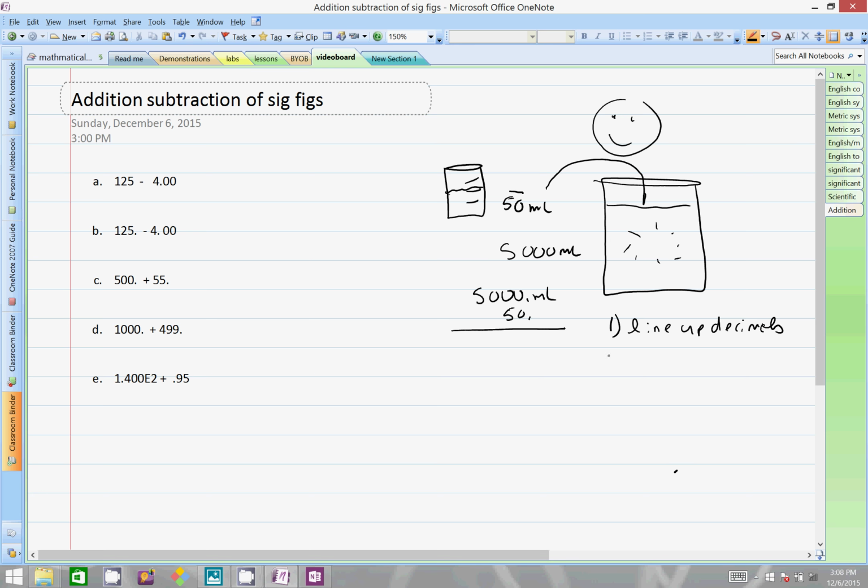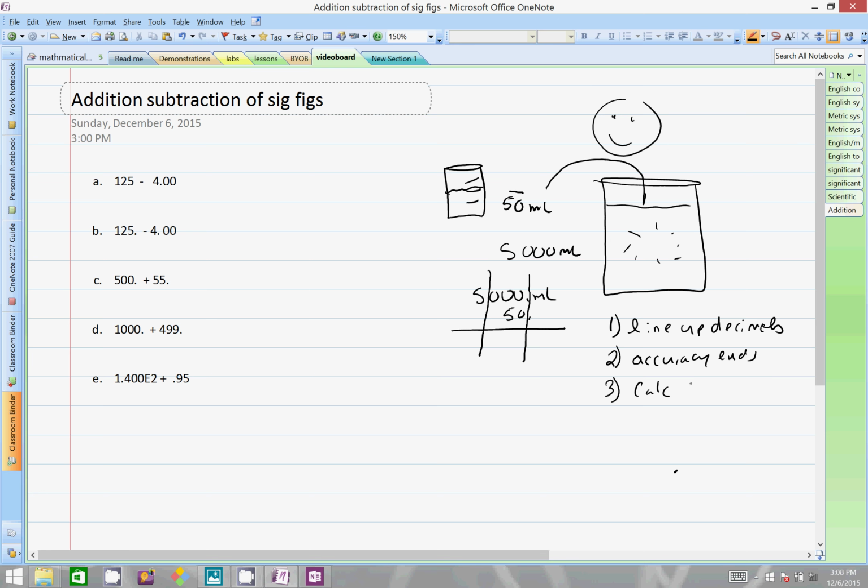Then number two, determine where your accuracy ends. For the top one, this guy ends right here. And the last one, the 5 and the 0 being significant, ends right here. The next step, I would just tell students, is to plug it in your calculator.